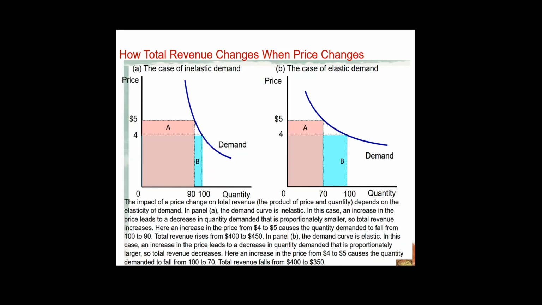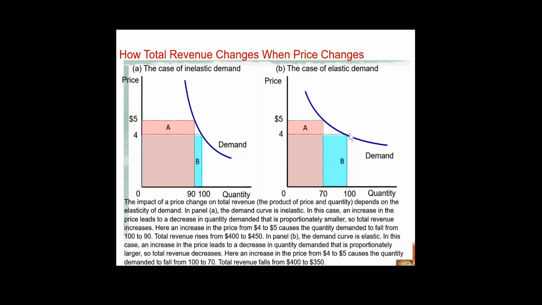For the inelastic demand, an increase in the price means an increase in the total revenue. The reason is that we have more contribution to the total revenue due to the increment of the price that surpasses the reduction due to the fall in the quantity demanded.